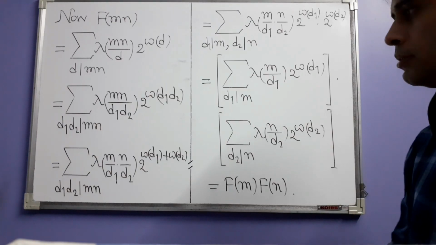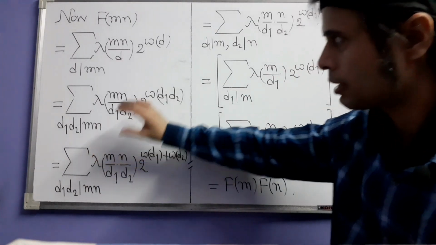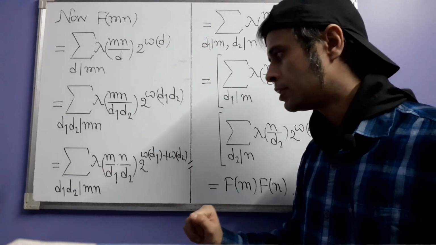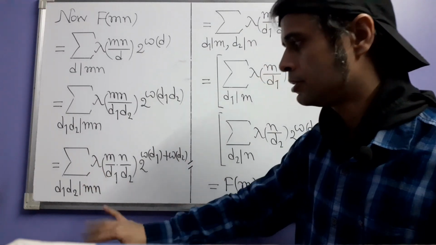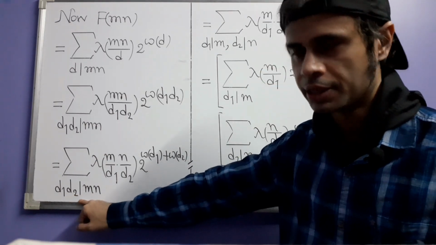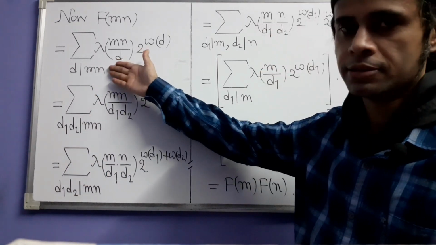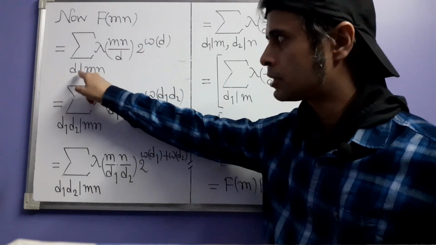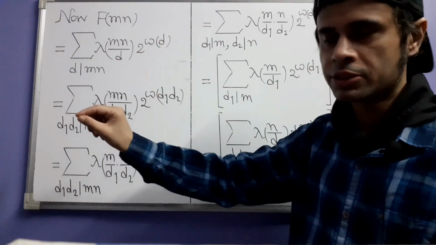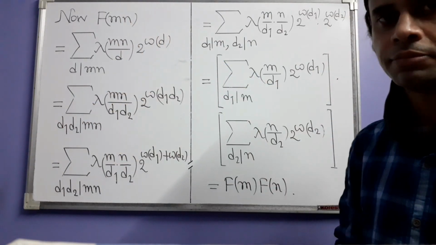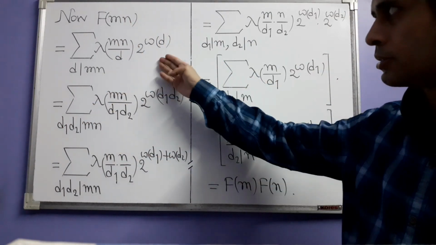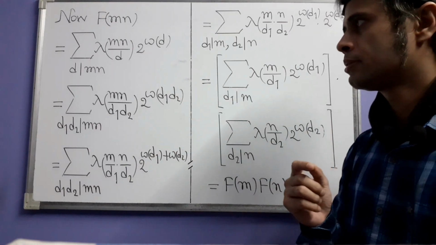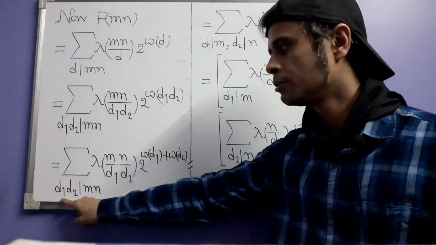What is the meaning of this sum and of that sum? Ultimately, you are going through all the positive divisors of mn, and for each such positive divisor you are writing a term, same thing. Now it turns out that all those positive divisors look like this.